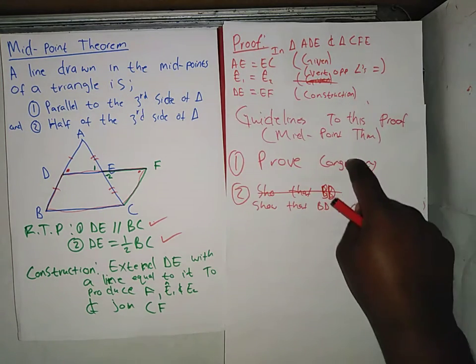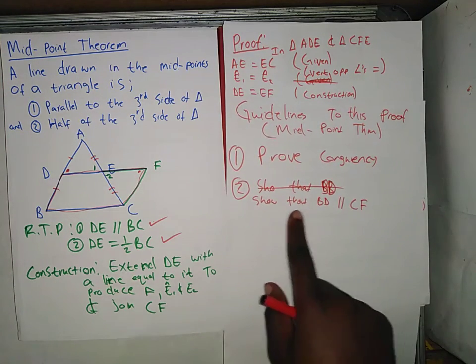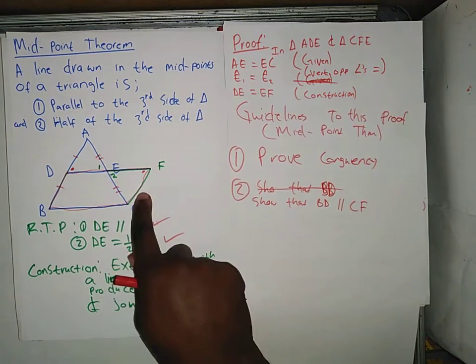Okay, so once you prove congruency, it will lead you to a stage where you can show that this one is parallel to this one.